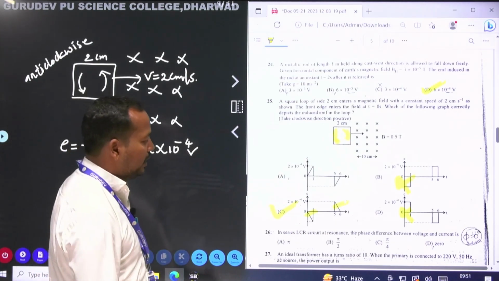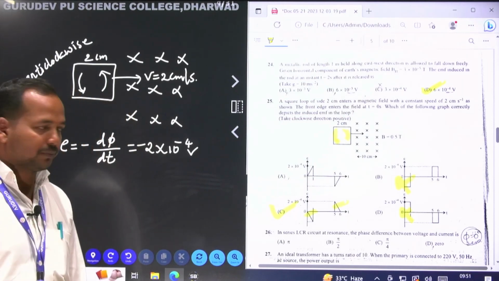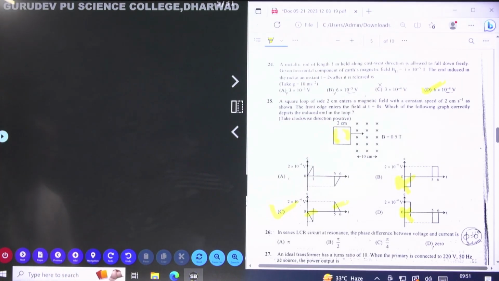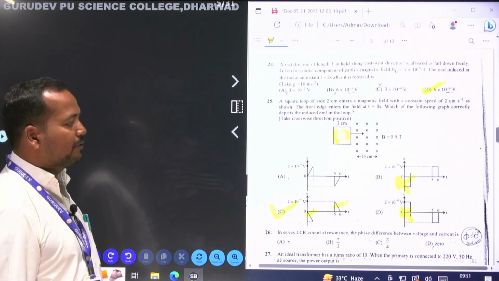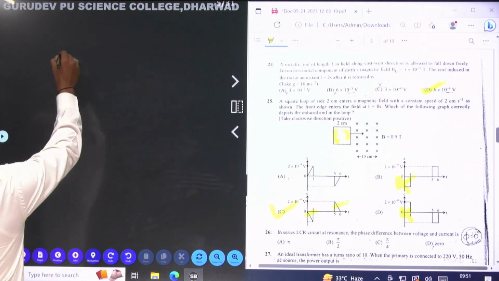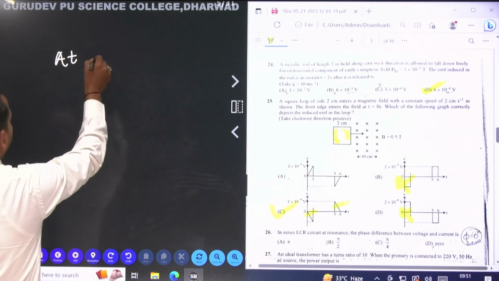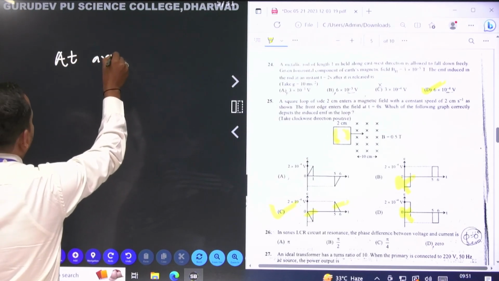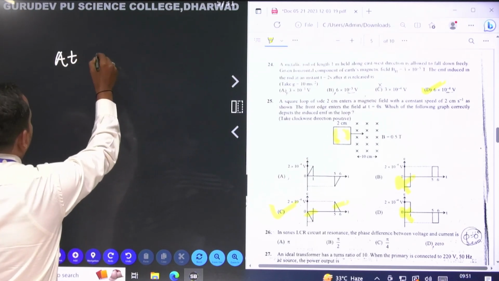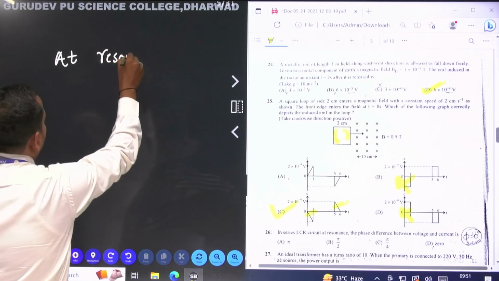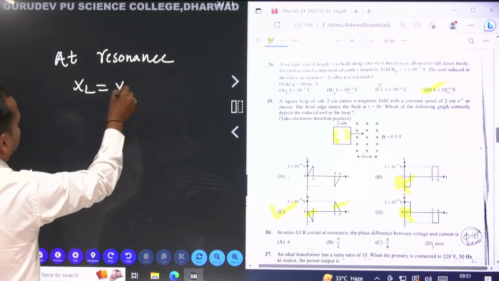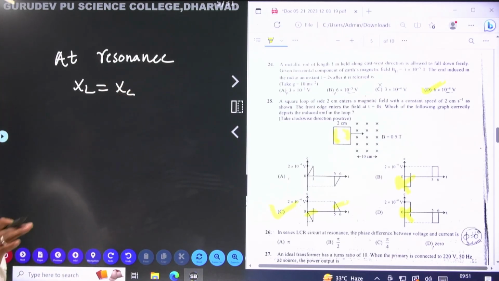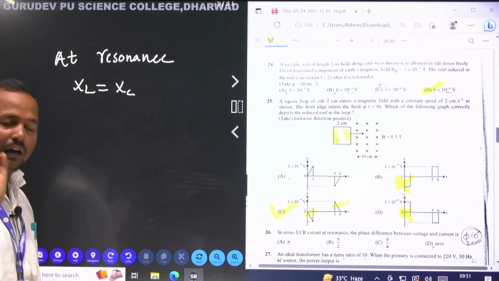Yes. Next, we will go to the 26th question. In a series LCR circuit at resonance, what is the phase difference between voltage and current? At resonance, XL is equal to XC, so there is no opposition from XL and XC, only opposition from resistance.